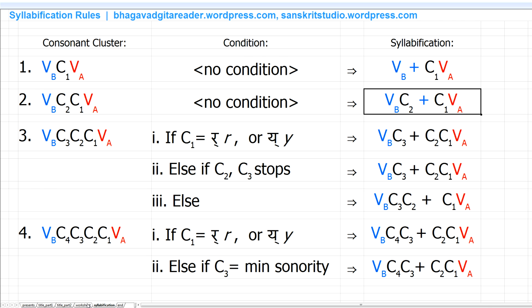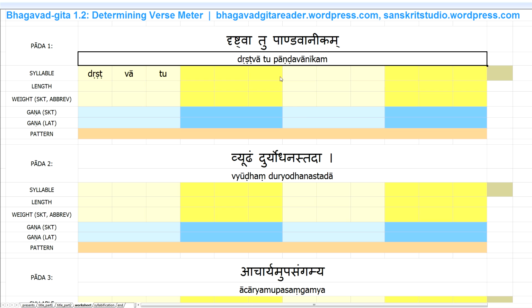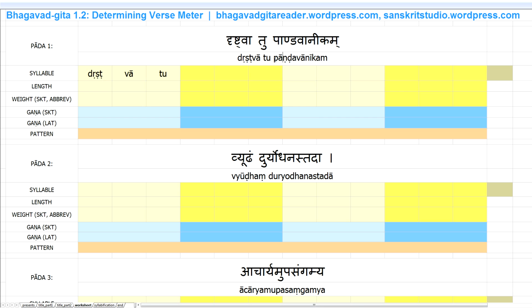So we return back to our worksheet, and that means that we split them so that the n goes to the left to pan, and the d goes to the right.